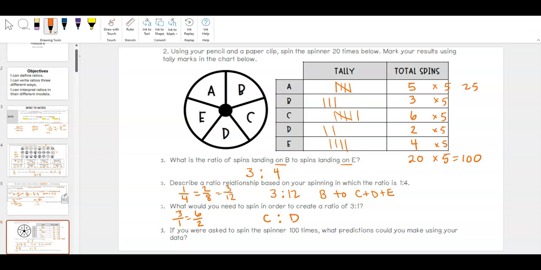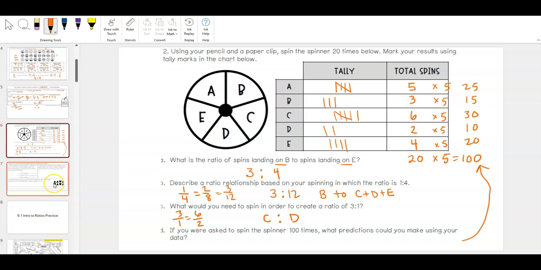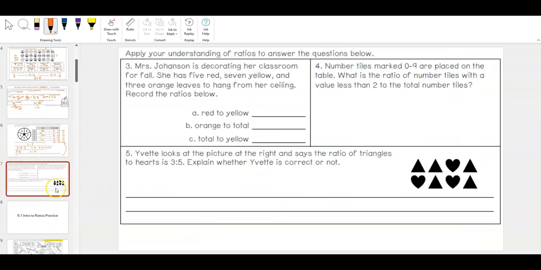So I might have 25 A's, 15 B's, 30 C's, 10 D's, and 20 E's. Okay, so that would be my answer here. It'd be an estimate, and if you want to do it again, you can spin your own numbers. All right, we're almost done.